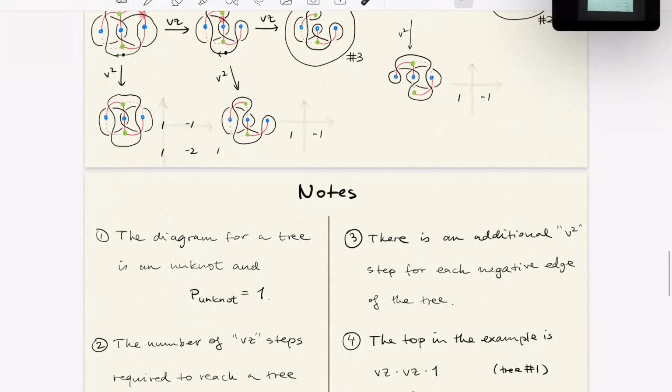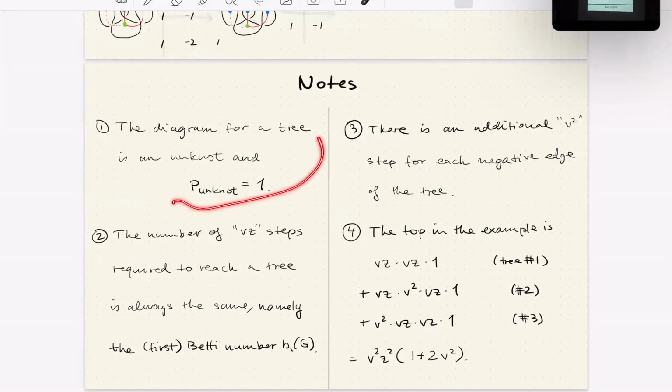We touched on this. The unknot is 1. Very well. So one observation in general is that the number of vz steps required to get to a tree is always the same. Why? Because you have to kill all the cycles in the graph.